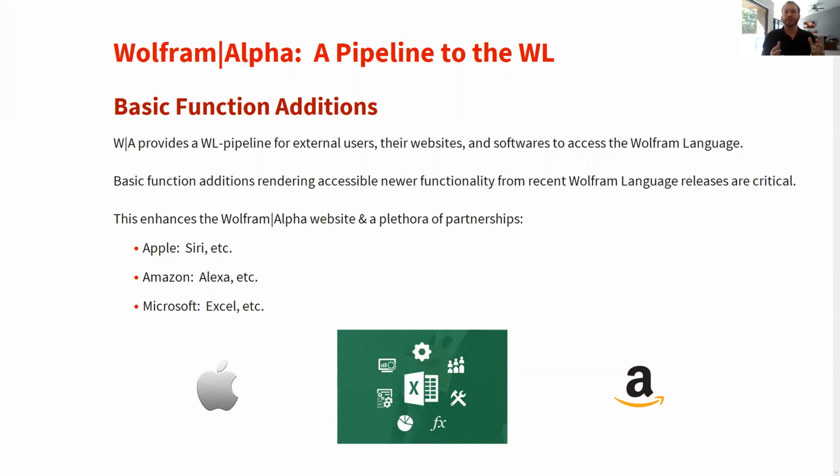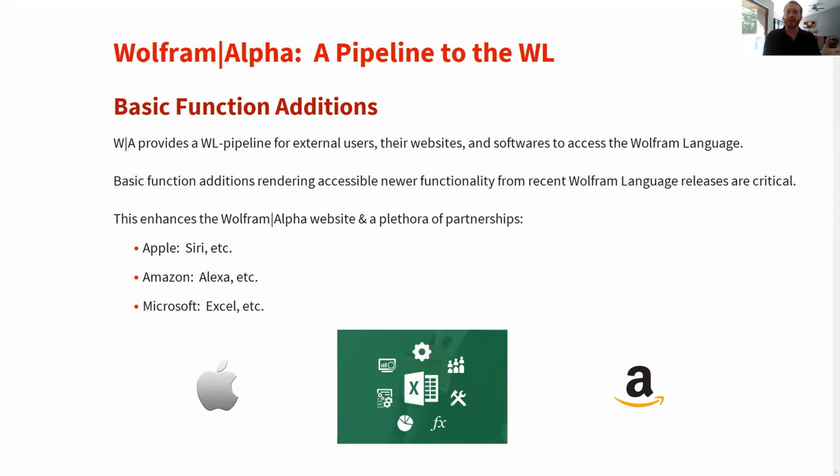The front-facing immediate thing everyone thinks of is the website, right? So for external users, they log into the website, type in a query in natural language, they get data or computations out of it.